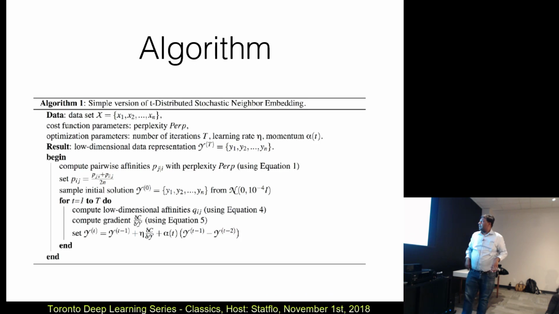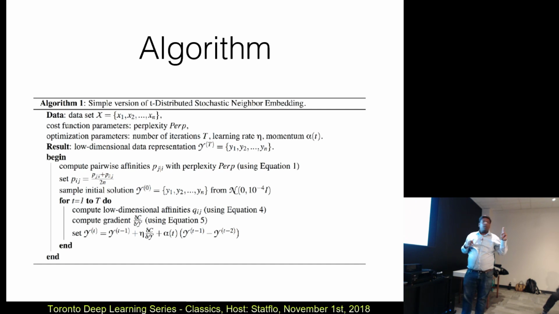Yeah, next slide. I will end this first half of the discussion by summarizing everything in the next 2 slides. So this is the algorithm. You all have gone through it with me through the math, but essentially in one slide, you start with data, high dimensional vectors. You have a cost function. You have chosen a hyperparameter perplexity.